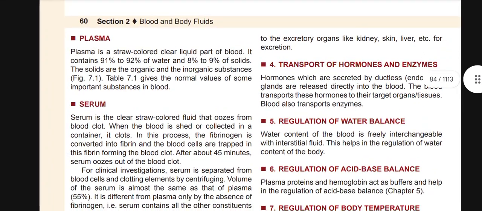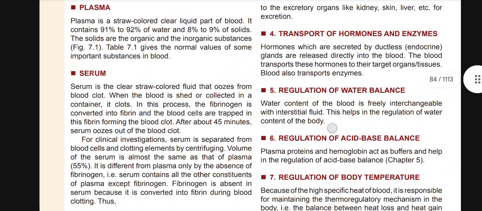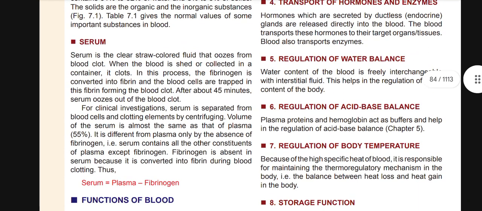Now plasma. What is plasma? Plasma is a straw-colored clear fluid which is a part of blood, containing 91 to 92% water, 8 to 9% solids and some gaseous substances. Then serum. What is serum? If we remove fibrinogen from the plasma, then we get serum. When a part is injured, blood clotting occurs.